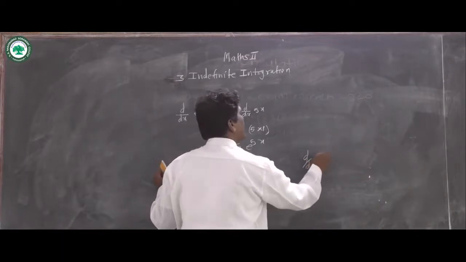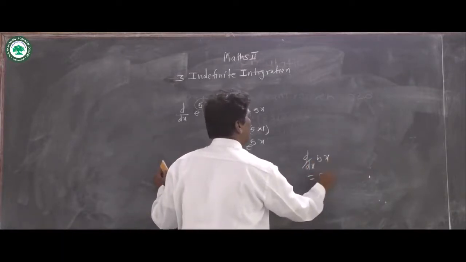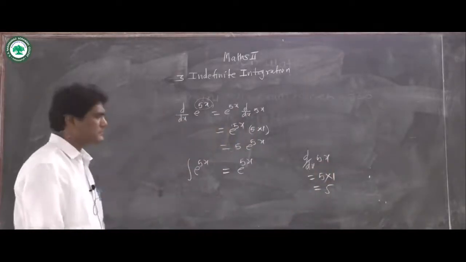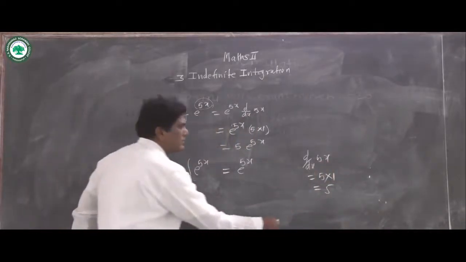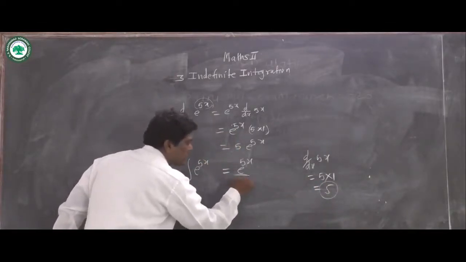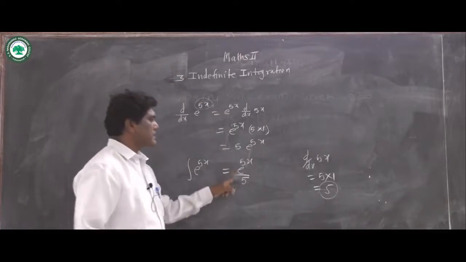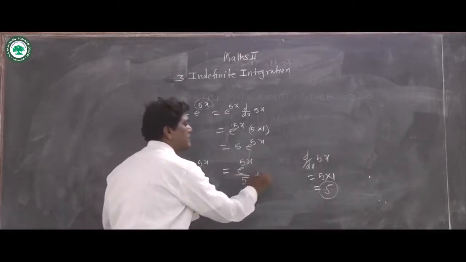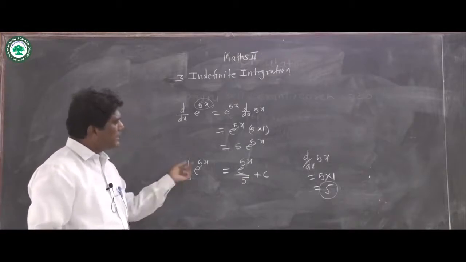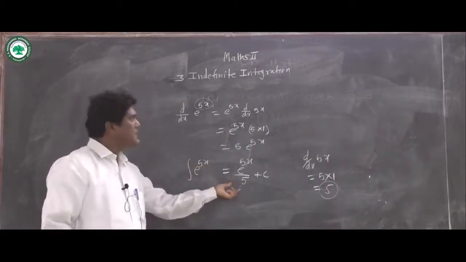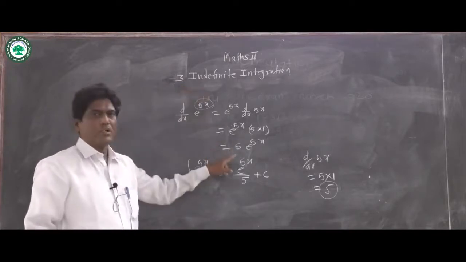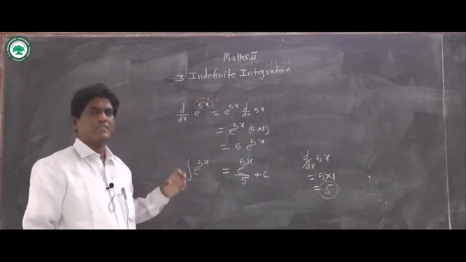D by dx of 5x is equal to 5 into derivative of x, which is 1, so it is equal to 5. So divide this integration, this solution, by 5. So e to the power 5x upon 5 plus constant of integration. So in integration we divide by the derivative of 5x, and in derivative we multiply by the derivative of 5x. This is the main difference.